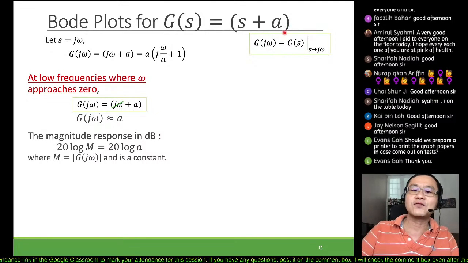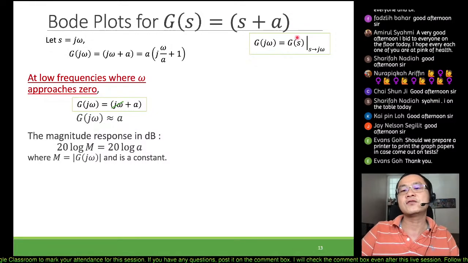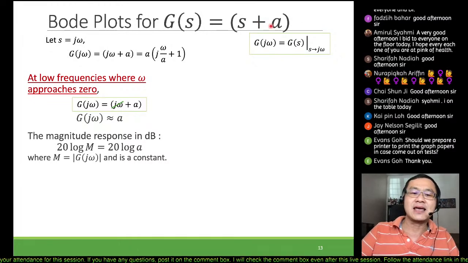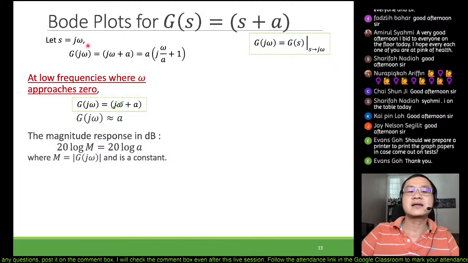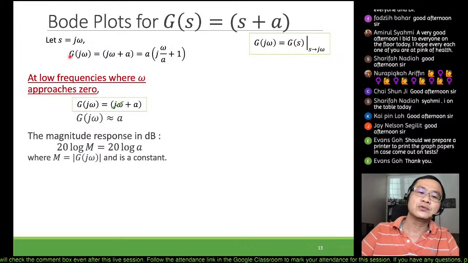So we will start with the transfer function with a zero, s plus a. In this function, we will just take s approaching j omega, so we have this form, right?